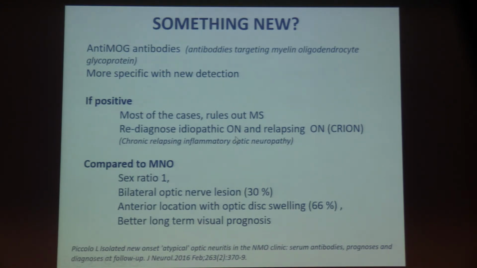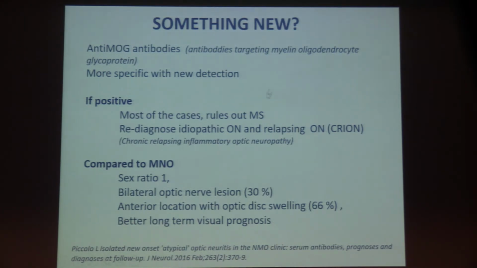We didn't know where they came from, and on relapsing optic neuritis, which were complicated because they were optic neuritis that were treated by corticosteroid, and as soon as the corticosteroid was stopped, they were relapsing, they had corticosteroid again, and they were relapsing, etc., and it's complicated.